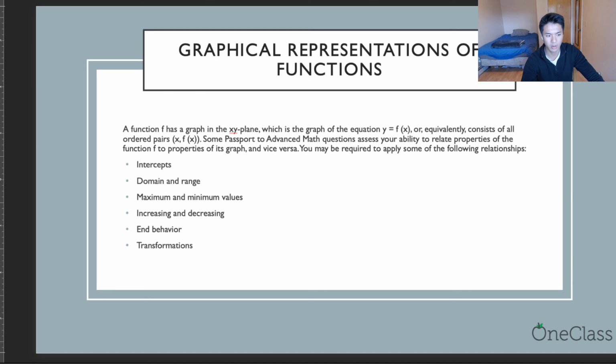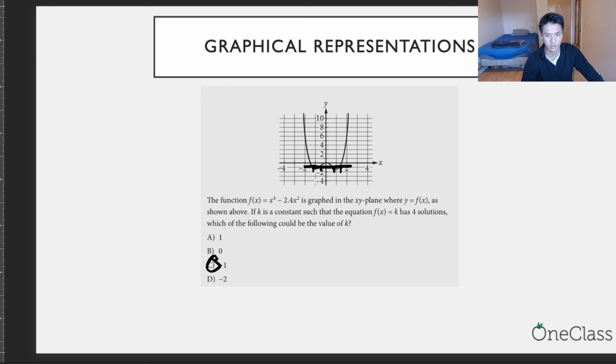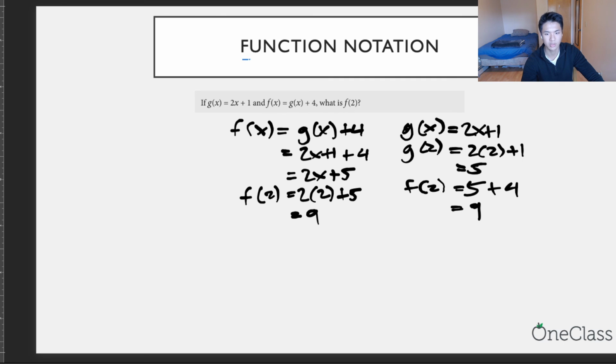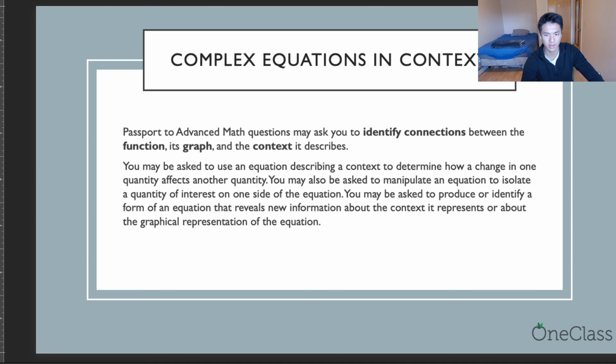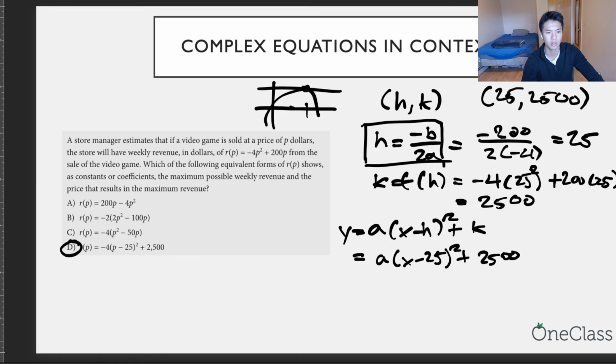We have graphical representations of functions going into the relationship between zeros and the equation, the systems of equations, graphical solutions, and then function notation, talking about composite functions. And finally, complex equations and context. Basically, how do you apply math to real-world scenarios, whether it be physics or chemistry or revenue in a business?